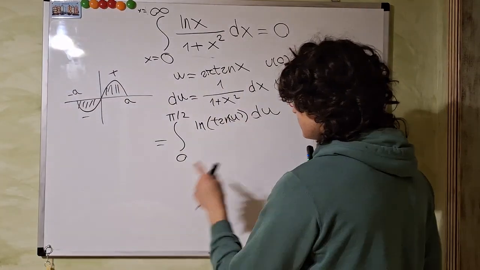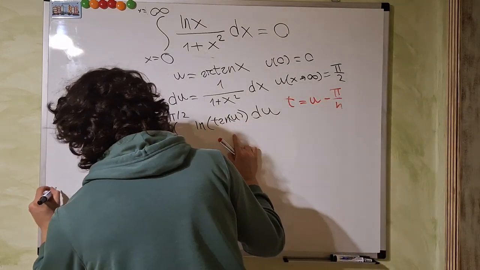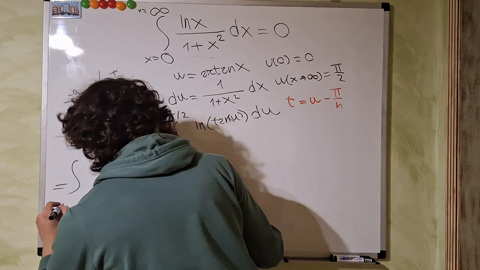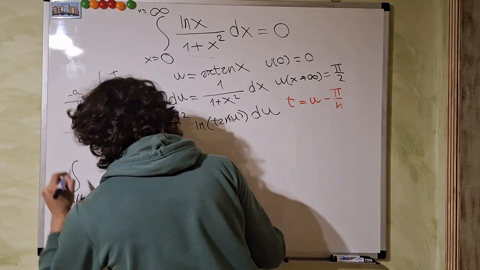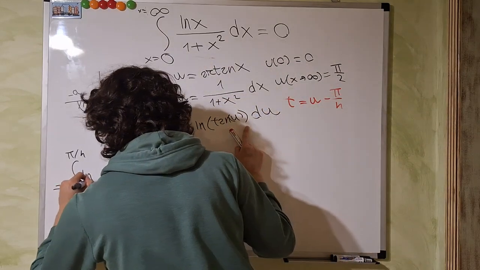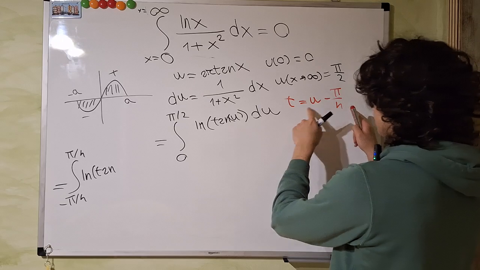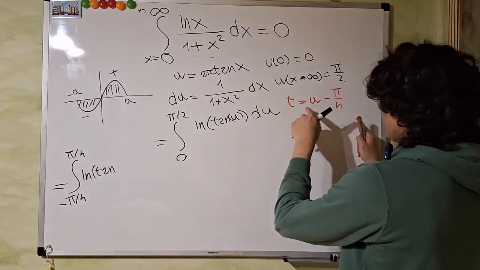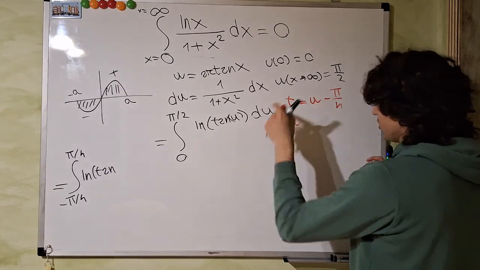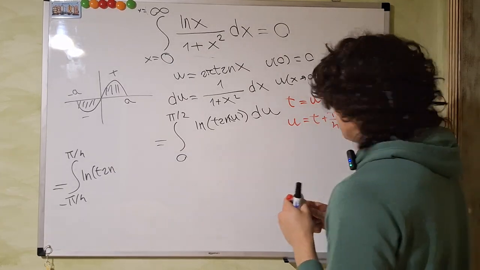Now, let's rewrite this integral. We have the integral from minus pi divided by 4 to pi divided by 4 of the natural log of the tangent of u. But remember, u now equals, we need to bring pi over 4 to the other side, so t plus pi over 4.